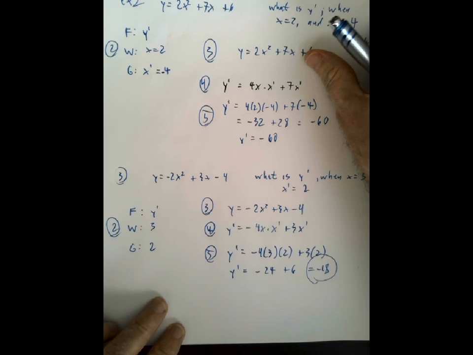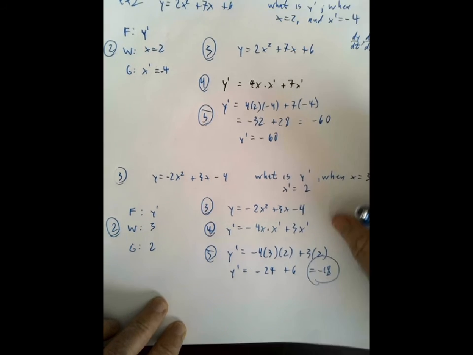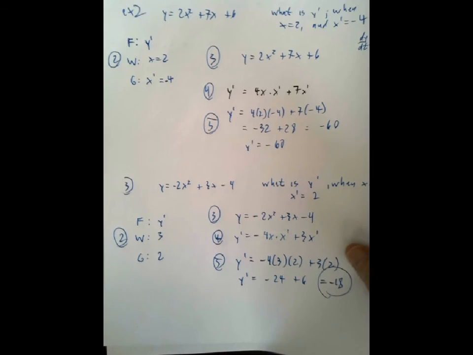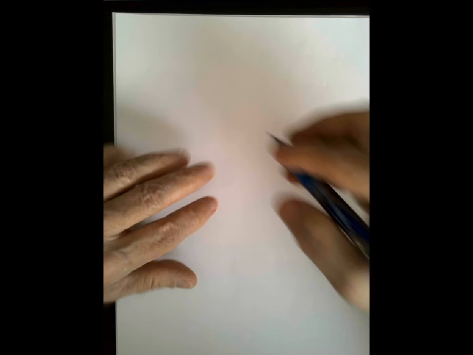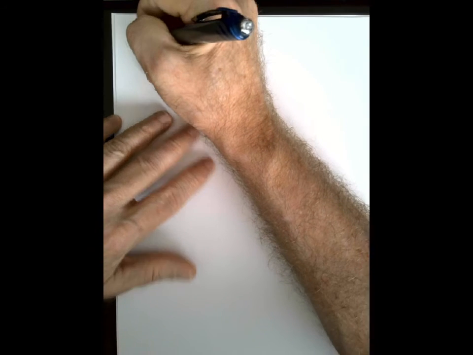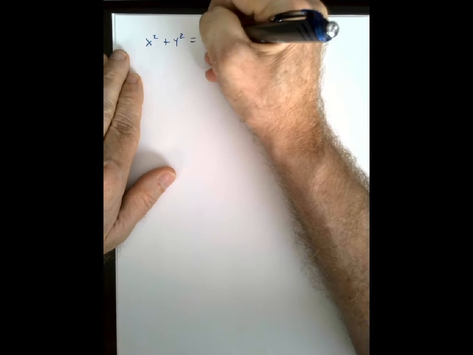Now there's example 4. We're not always going to solve for y prime. Sometimes we're going to solve for x prime. So for instance, let's say we've got this equation here: x squared plus y squared is equal to 7.